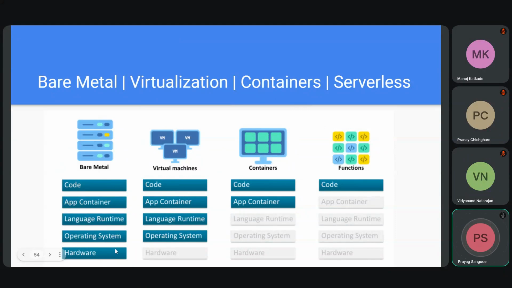Now what happens in virtual machines? On bare metal, most of the resources are not fully utilized. Only for a single container or a single application we are using a large bare metal server, so its resources are wasted.